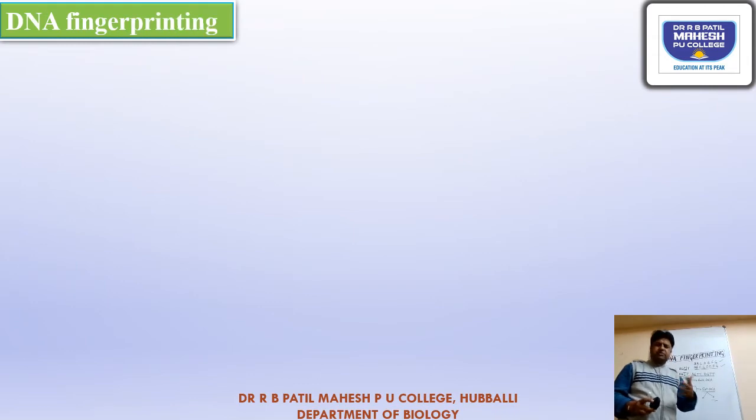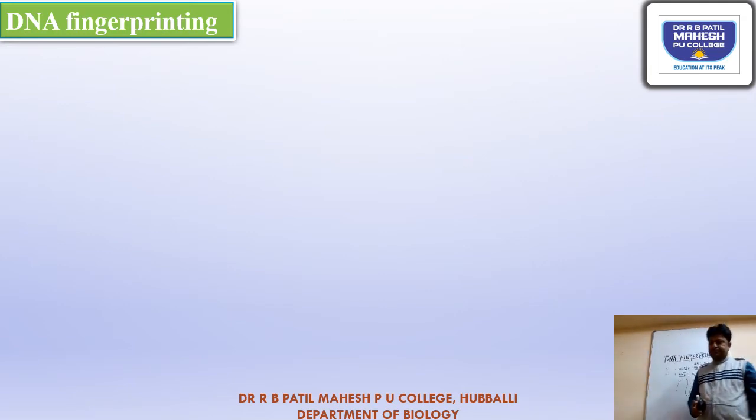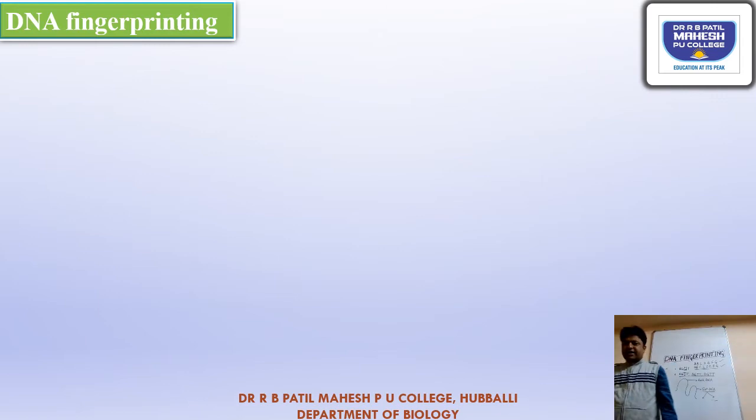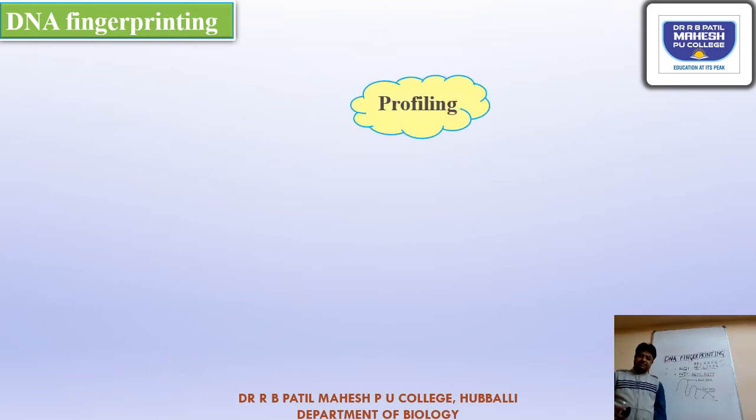Start with the technique which is commonly used to identify the individual at a genetic level, the technique which is commonly called DNA fingerprinting. This technique was first developed by Alec Jeffrey.